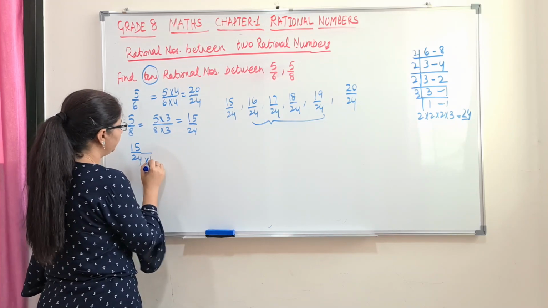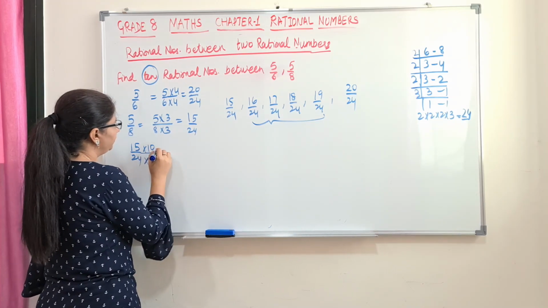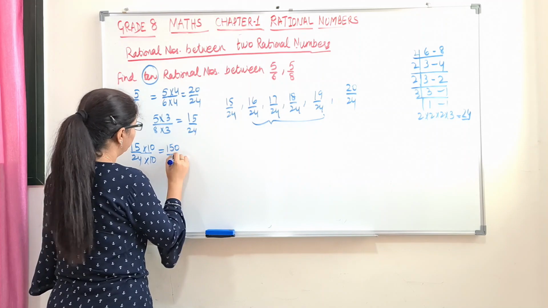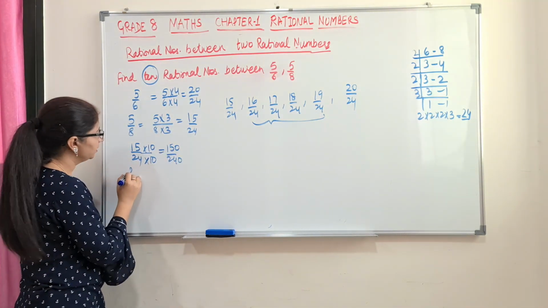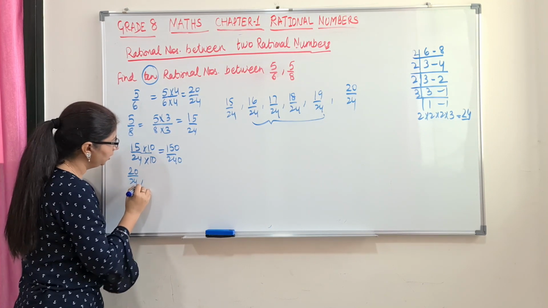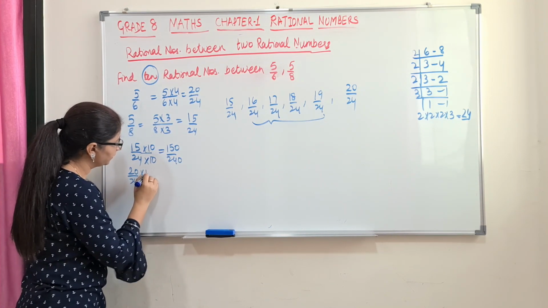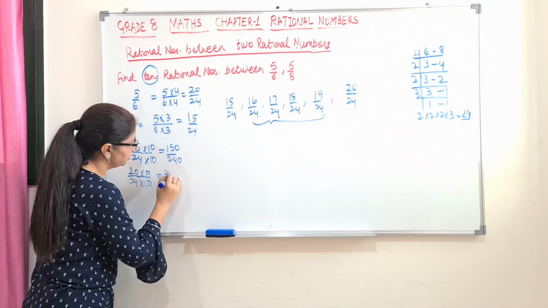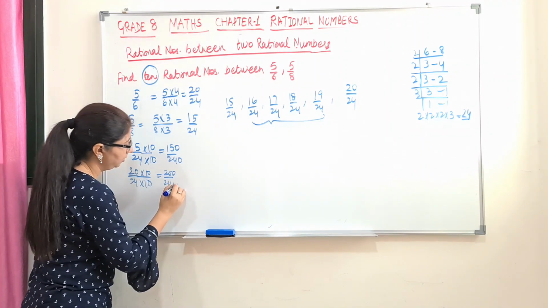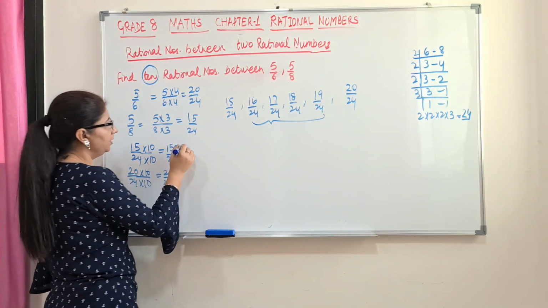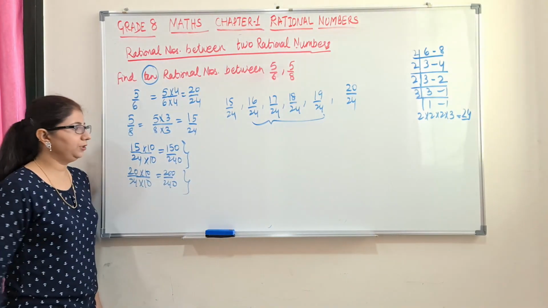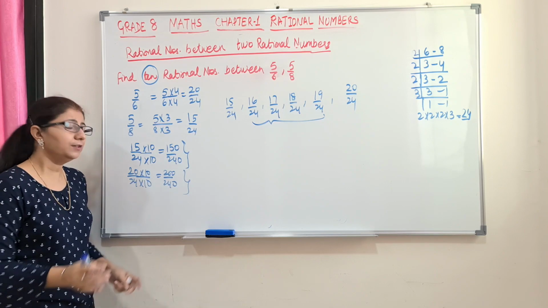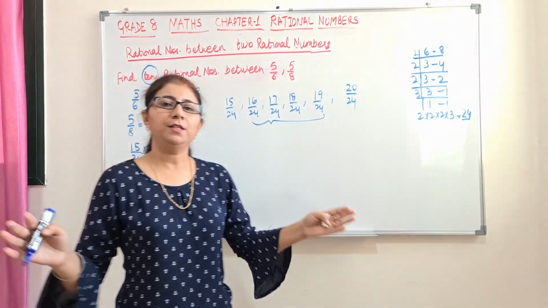So here it should be 24 into 10, 15 into 10, we get 150 by 240. The second number is 20 by 24, we will multiply by 10 as well and get 200 by 240. Now see, between 150 by 240 and 200 by 240, we have 50 numbers in between them.